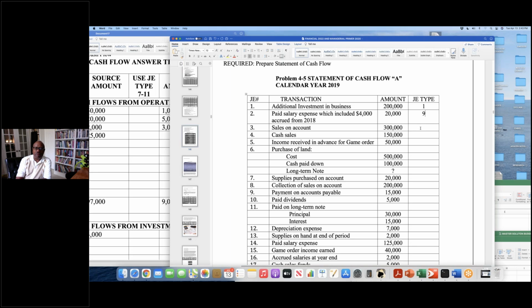Sales on account. No. On account. 12? No, because it's a sale on account.